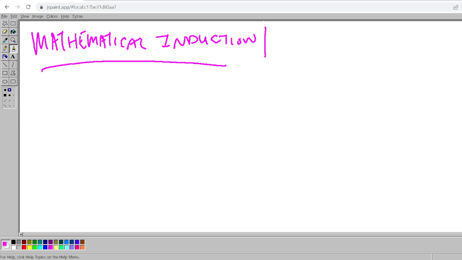So induction is done in 3 steps. Step 1, the base case step. Before we even get there, we can define what induction is.